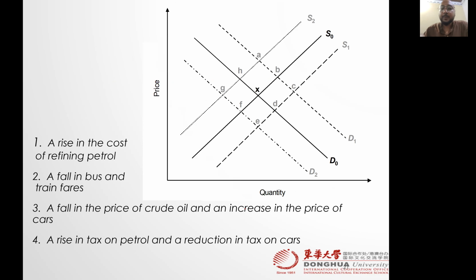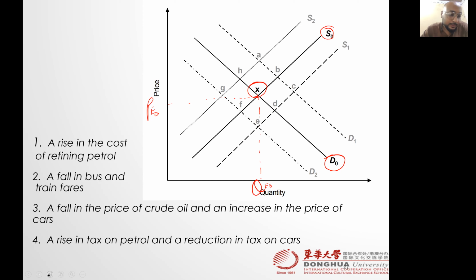Right now, the market is in equilibrium here. We have S0, D0, forces of supply and demand, and this is P0 and this is Q0.